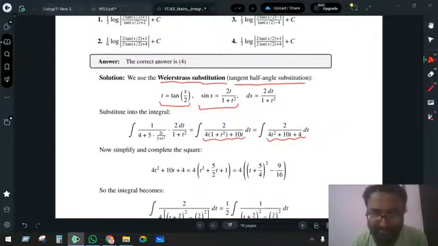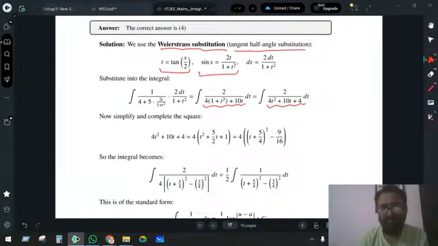See, it is an in-depth problem. Once you reach these partial fractions, he made partial fractions. 4t square plus 10t plus 4 is equals to 4 of t square plus 5 by 2 t plus 1, with 4 taken common outside.